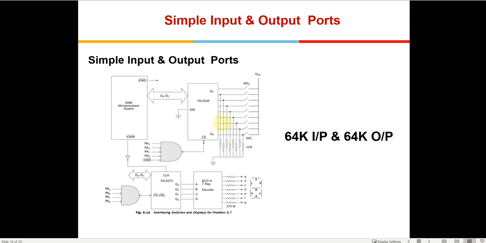Because you have to select the chip, so you can use the read and write signals along with the 16 lines to select one of these chips. So essentially now I have 17-bit information to select input output ports: 16 bits for the input and 16 bits for the output ports.